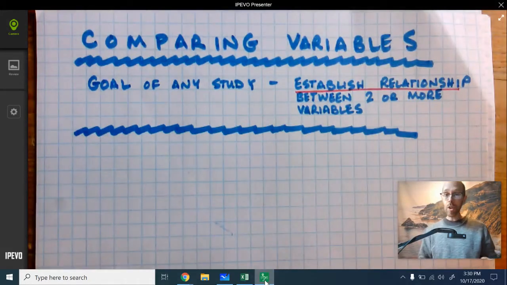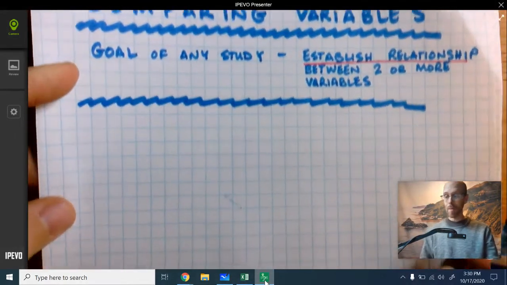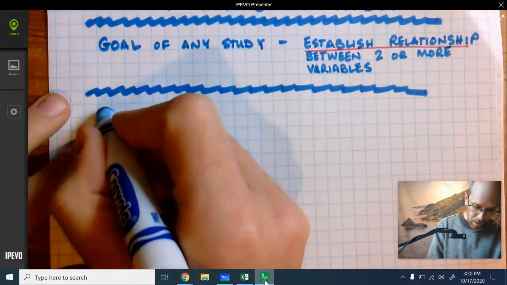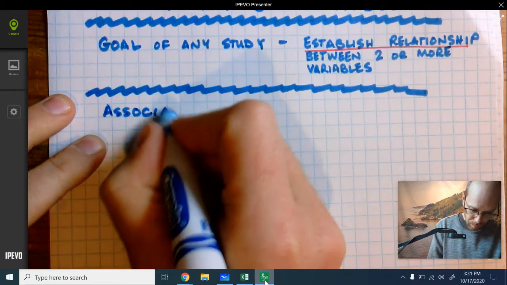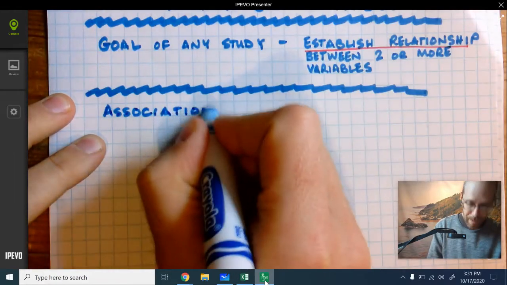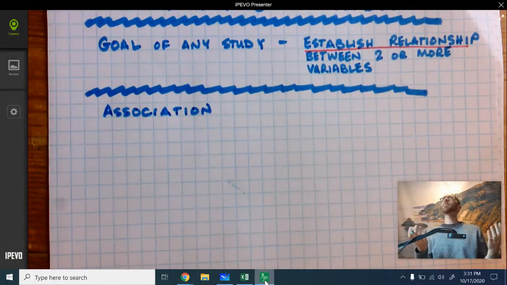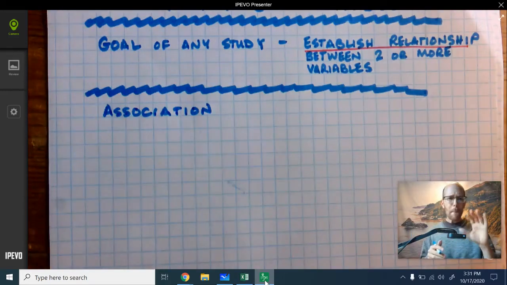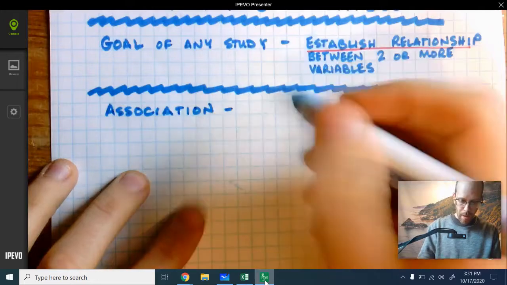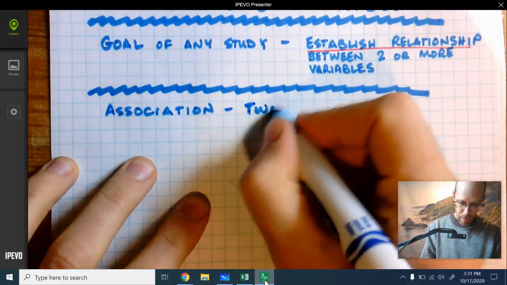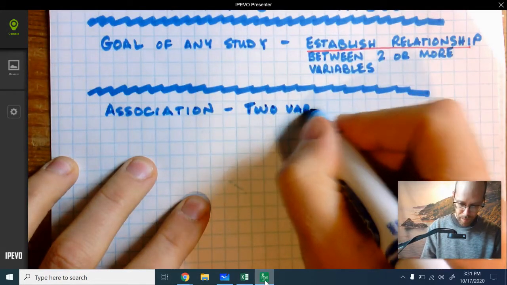Now, there are two types of relationships that we might encounter. There's something called association. When we say that there's an association, all that means is that the two variables change together.